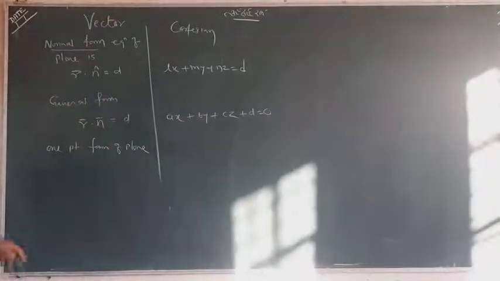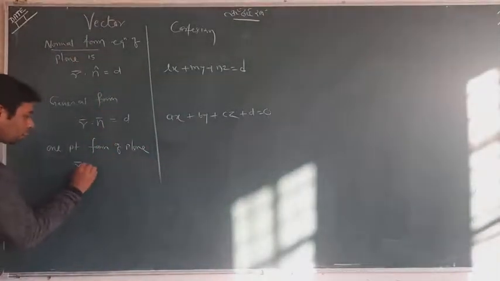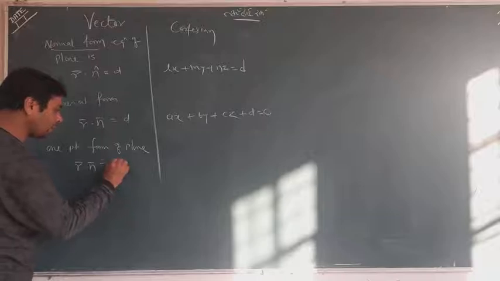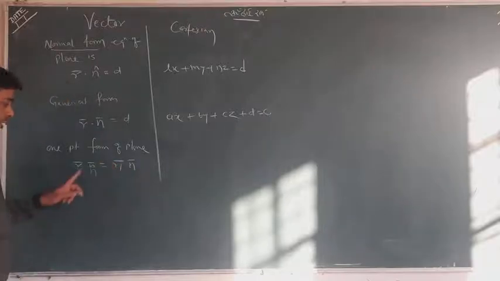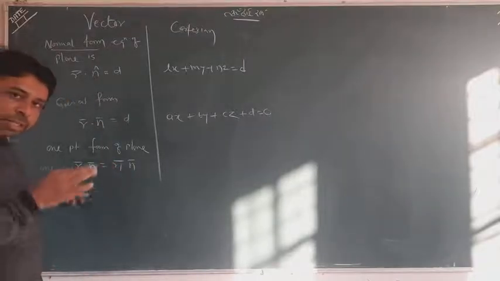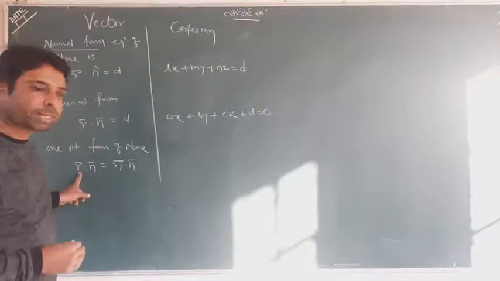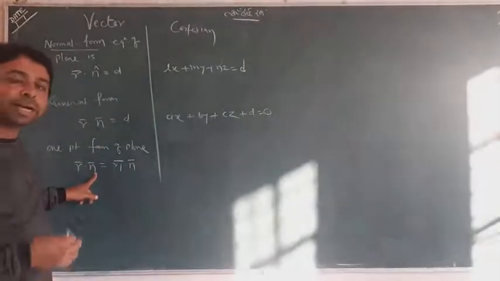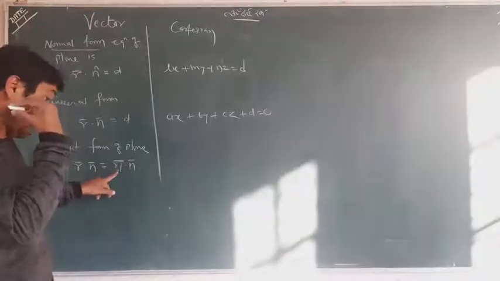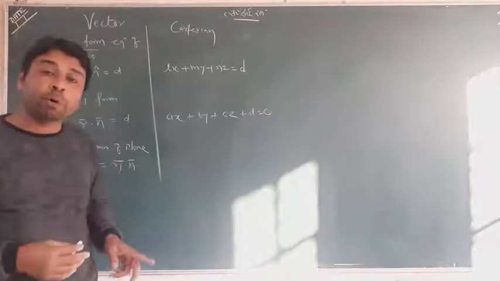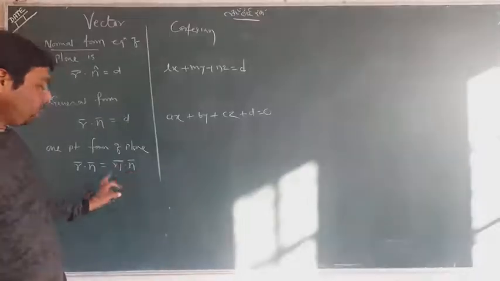So when we talk about the vector equation, that was r dot n equal to r1 dot n. This r always remains the same while creating the vector equation. n contains the ratio, as I taught you. r1 is the position vector of the point through which the plane passes.